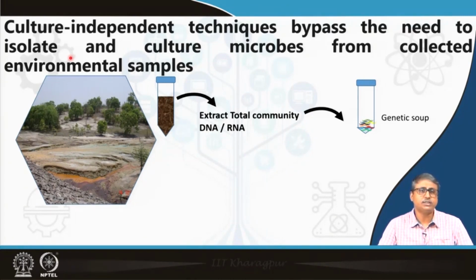But if we are interested in knowing what species, what organisms are present in an environment, if that is our question, what are the species present in a system or an environmental process or environmental habitat, then isolation of bacteria may not be a very good choice, because isolation will give us an idea about only a handful, a limited number, of the bacteria present in the environment. 99% of the bacteria or the species will not be isolated, and hence we will not be able to know anything about them.